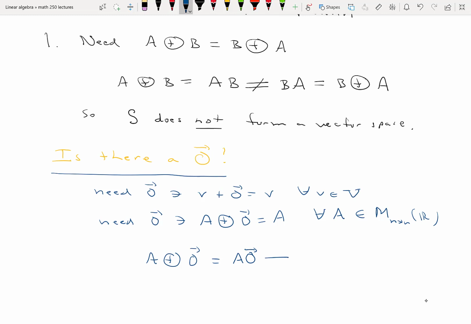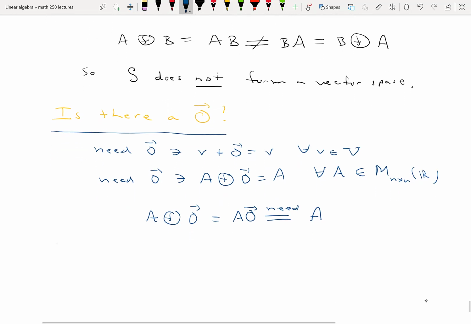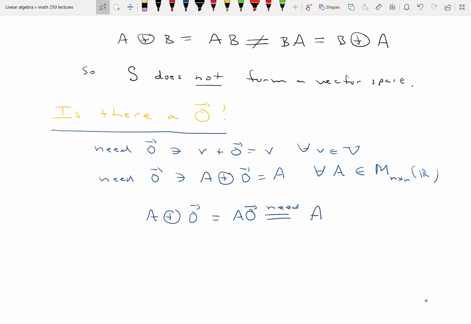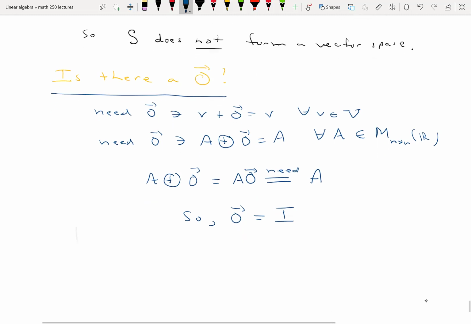And I need this to equal A. So what am I going to have to choose for my zero vector? The zero vector is the identity matrix, because there's only one matrix I can multiply a square matrix by and get the matrix back. So yeah, there is a zero vector.